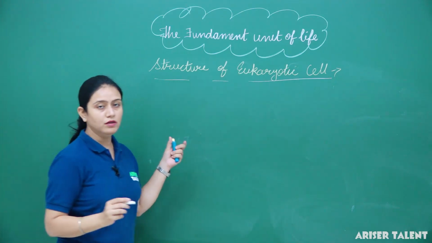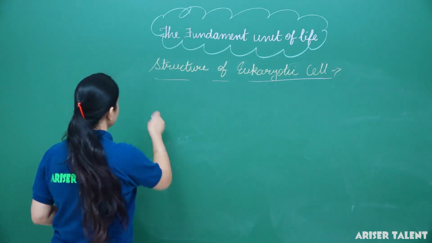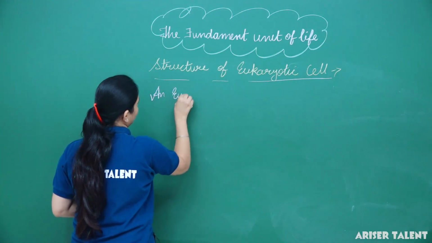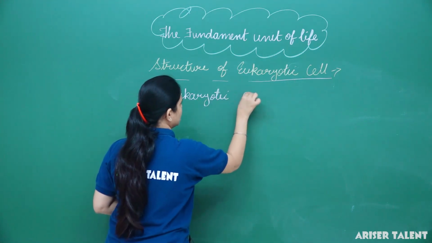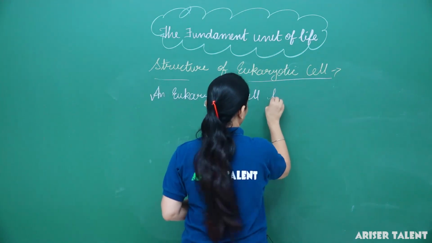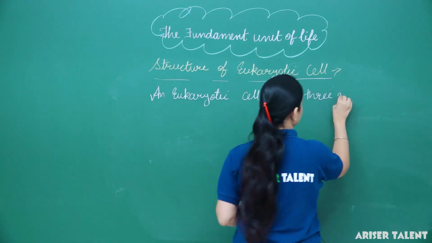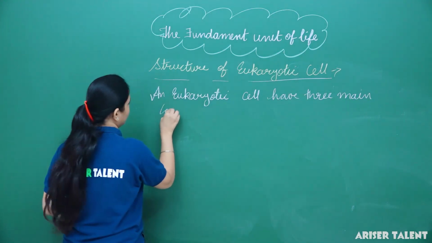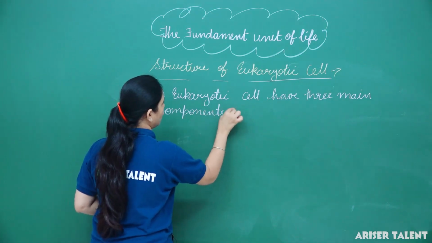So, first of all we will talk about what are the components of eukaryotic cell. So, we can mention, a eukaryotic cell has three main components. What are they?